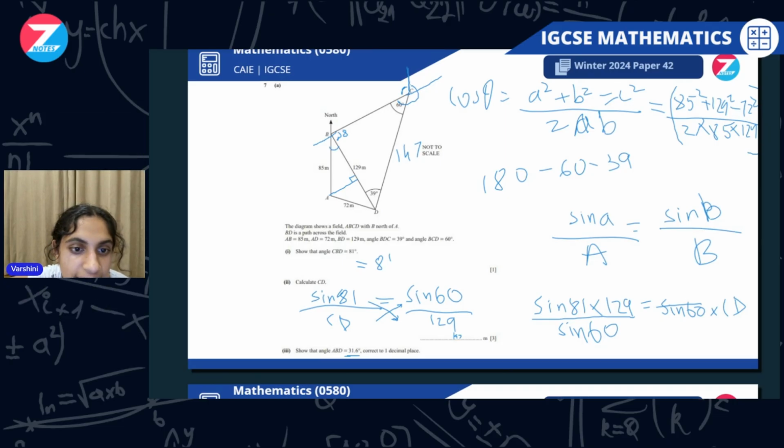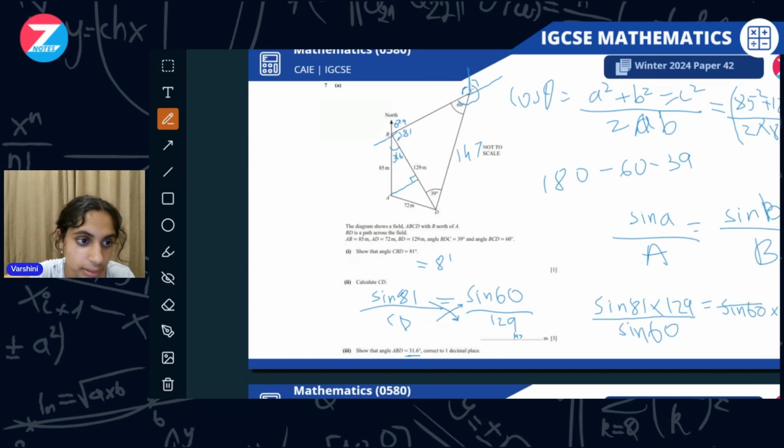So we know this angle is 81, and we know this angle is 31.6. So now to find this angle, we know the angles in a straight line add up to 180. So we're going to do 180 minus 31.6 minus 81, and we'll get 67.4 as this angle.